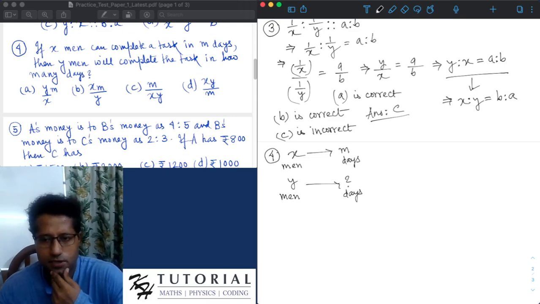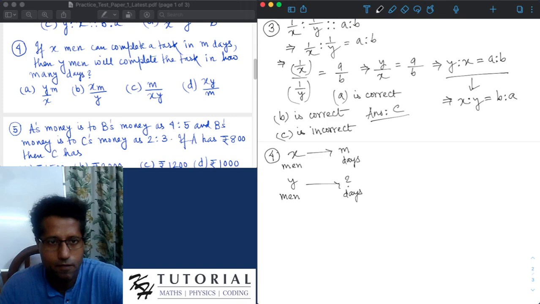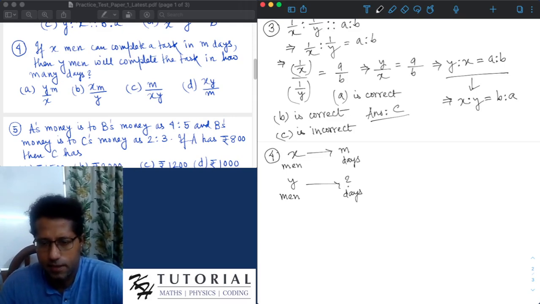So you must understand the concept for solving this kind of problem, that is time and work. Let's say, if I consider the quantity m to denote the number of men, and d the number of days required to complete a task.